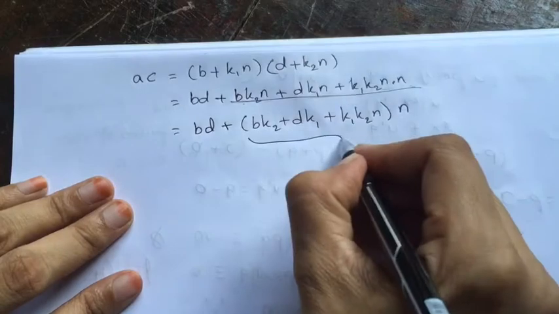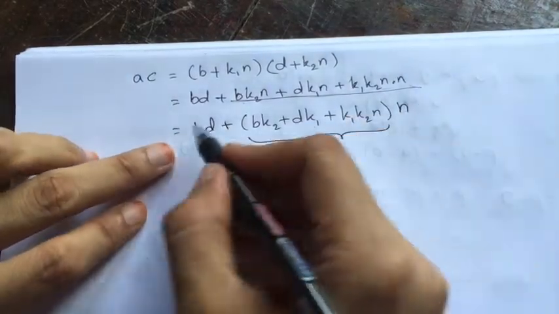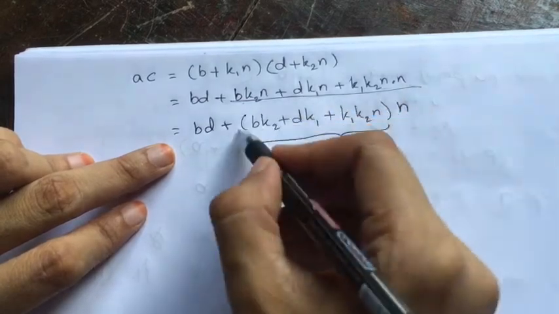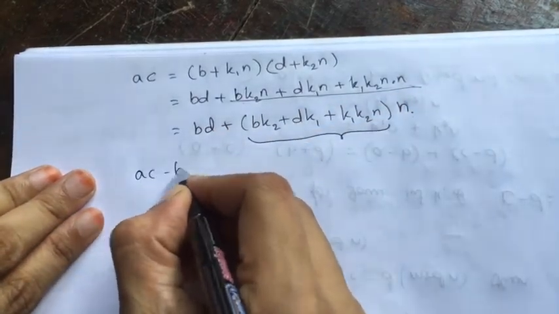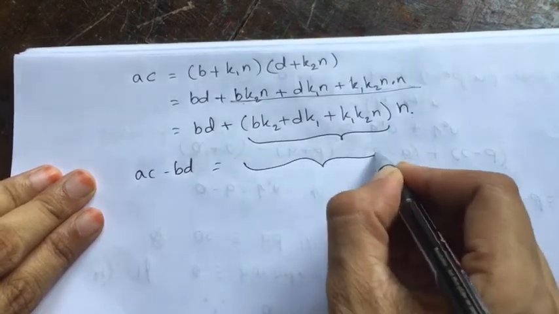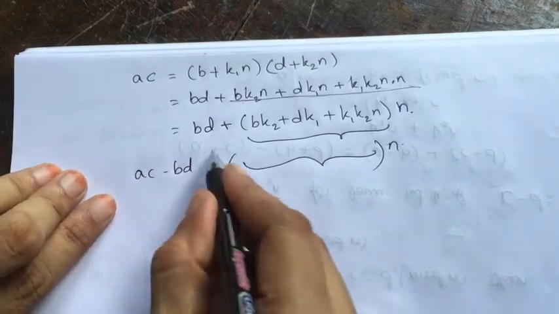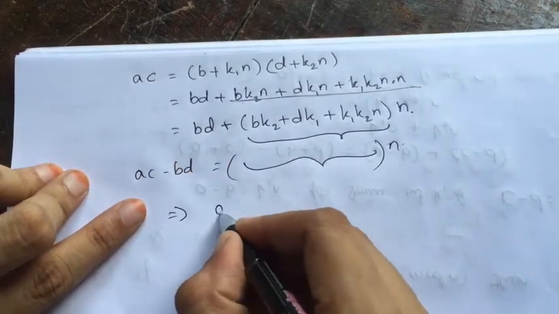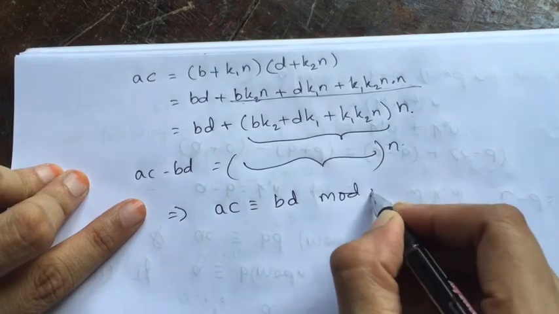This is an integer, right? So AC equals BD plus some integer times n. So AC minus BD is some integer times n. That means n divides AC minus BD. Therefore I can write AC is congruent to BD mod n.